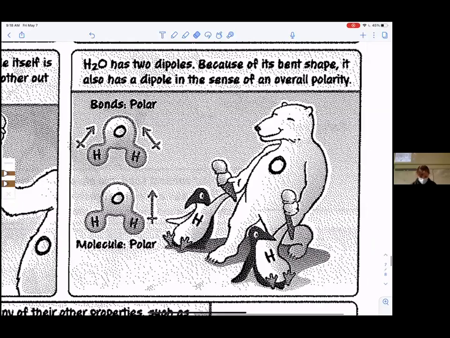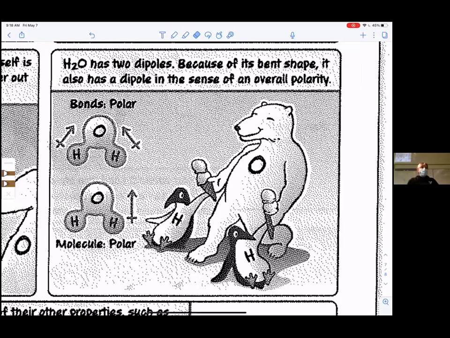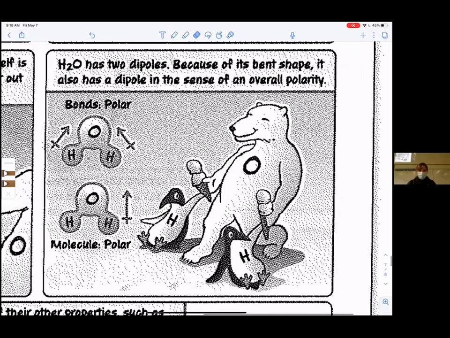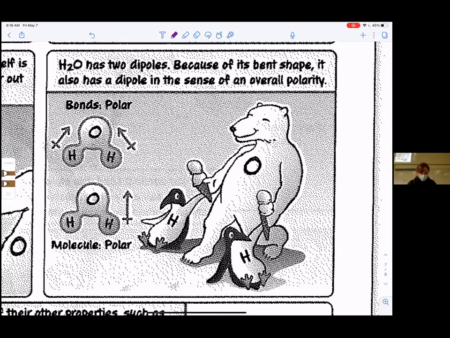Water also has two dipoles, but because water is a bent-shaped molecule, and I kind of hinted at this when we were drawing Lewis dot diagrams, it ends up being a polar molecule. You've got an oxygen bonded to a hydrogen, hogging the electrons. The oxygen hogs the electrons, the hydrogen's positive.